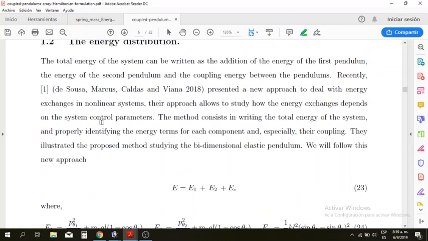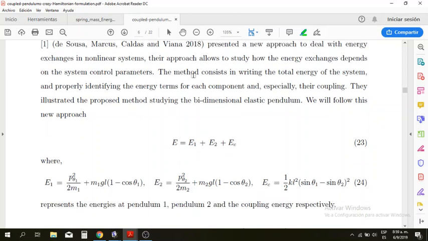These are the energy distributions in this case. In the next video, I will show you the numerical solution for this problem, and the evolution and how the energy changes occur in the process.